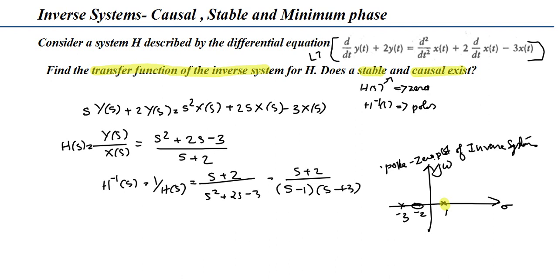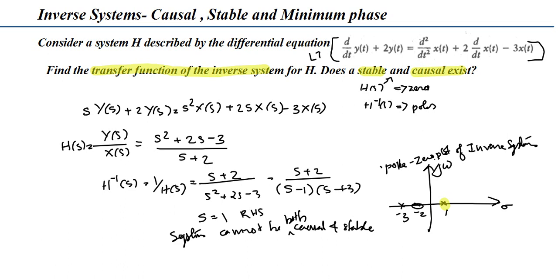So we cannot say that the system is both causal and stable. That's the conclusion: the system cannot be both causal and stable, because one pole of this system lies in the right half of the s plane.